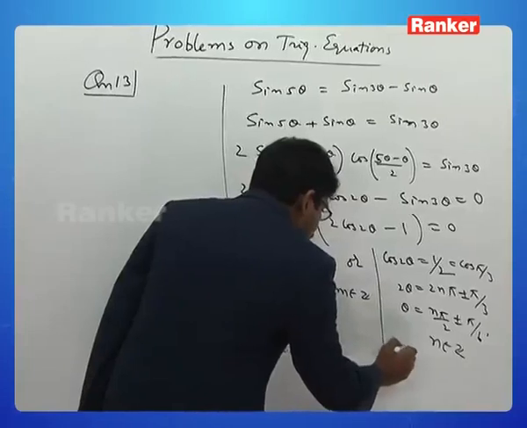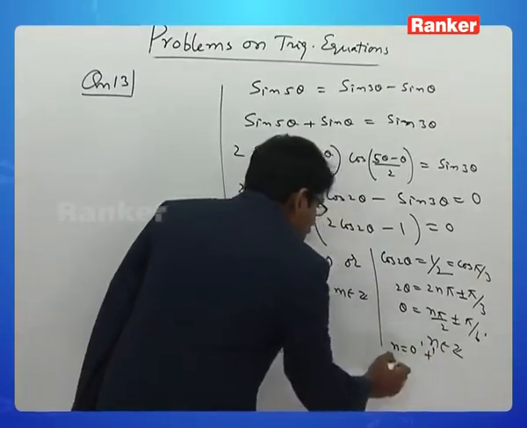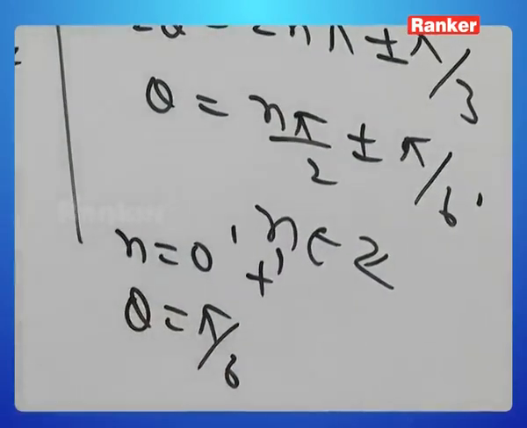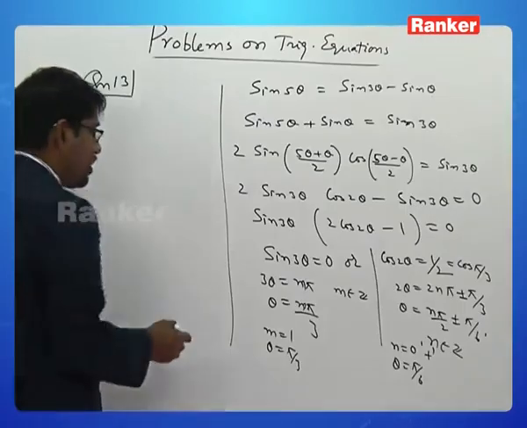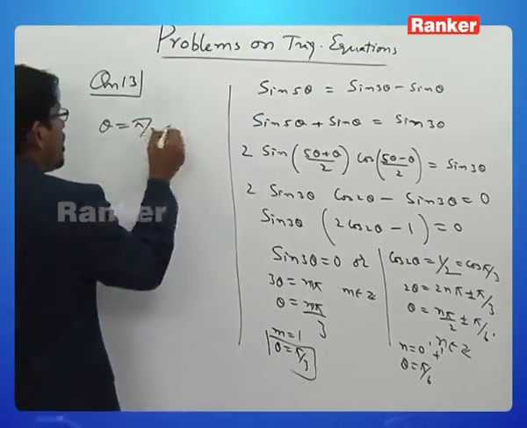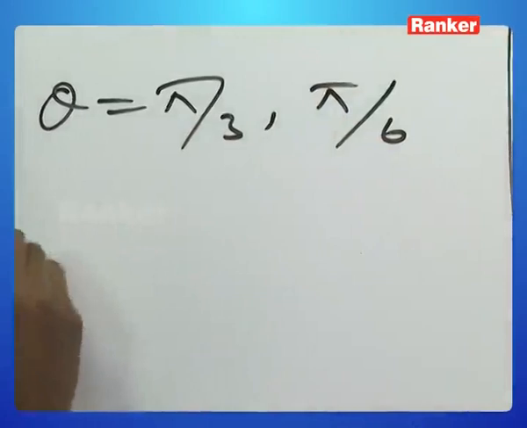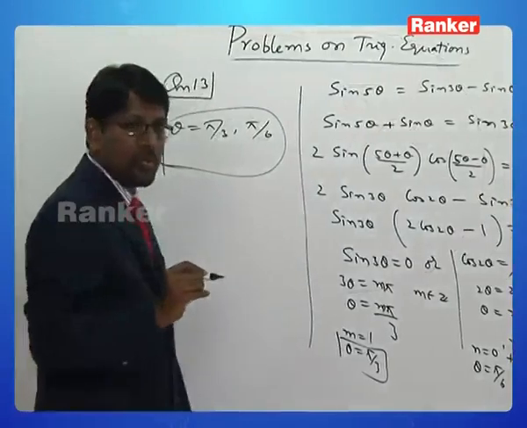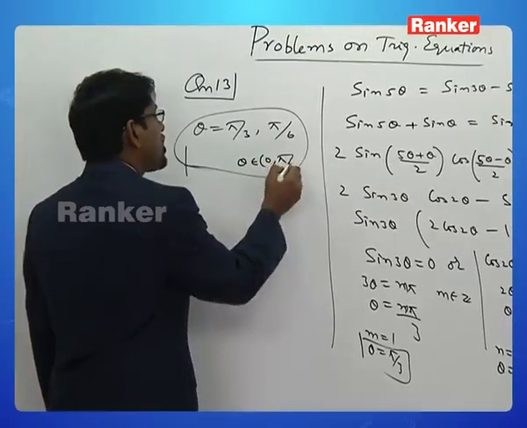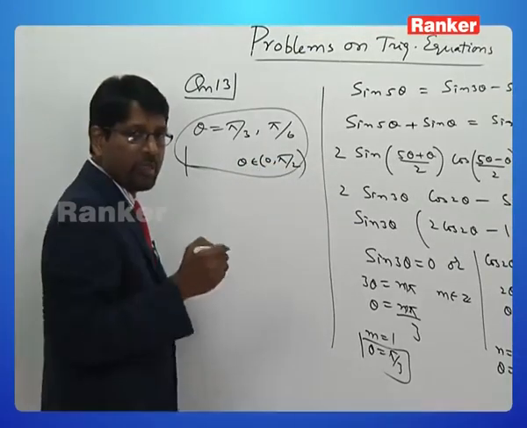So take n equal to 0 and the plus sign, and that gives us theta to be pi by 6. No other value will lie between 0 and pi by 2. So theta can be either pi by 3 or pi by 6. These are the two values which lie in the open interval 0 to pi by 2. That's what we were interested in.